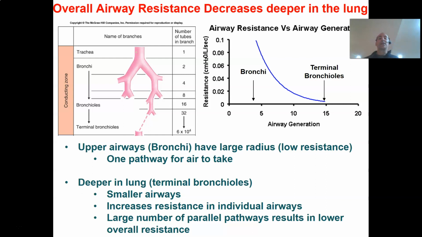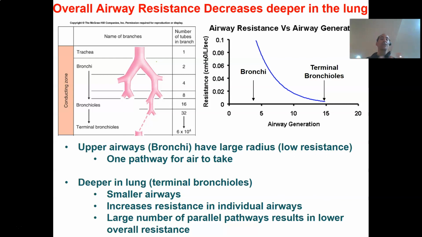The deeper you get into the lungs, the overall resistance in the lung decreases. Now, this is hard to understand for some students. Think about it this way. The deeper you get into the lungs, the larger the surface area becomes.